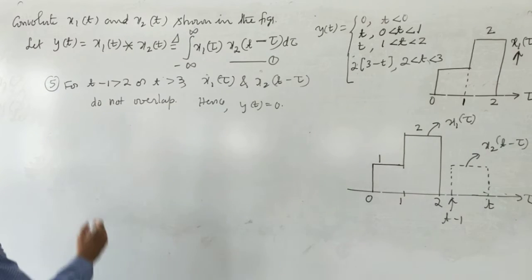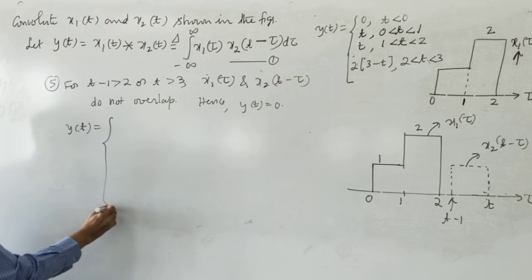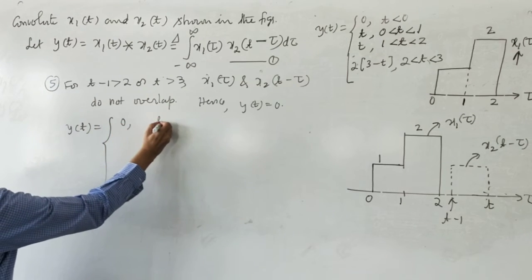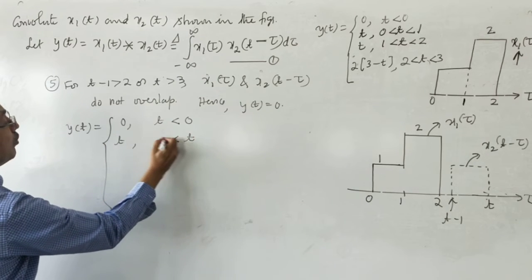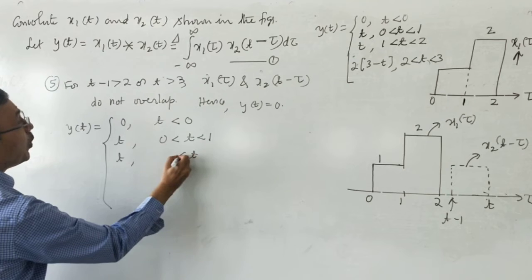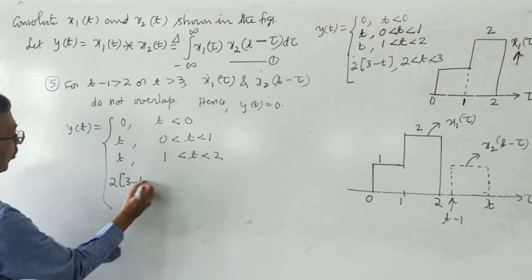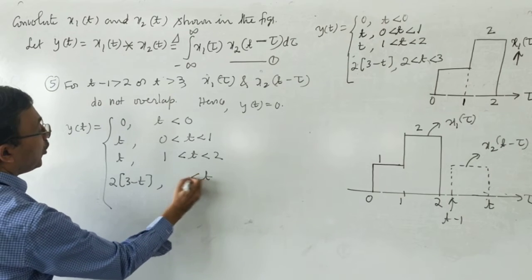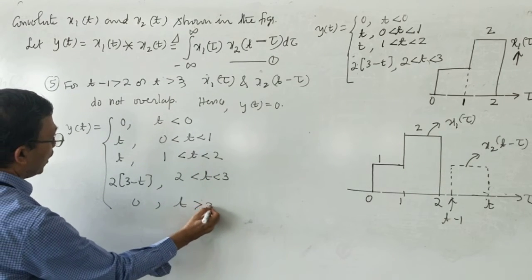So I'll summarize now. Y of t is 0 for t less than 0, t for t between 0 and 1, t for t between 1 and 2, 2 into 3 minus t for t between 2 and 3, 0 for t more than 3.